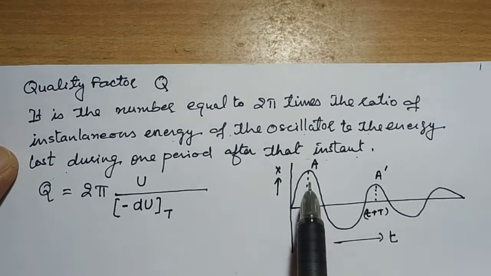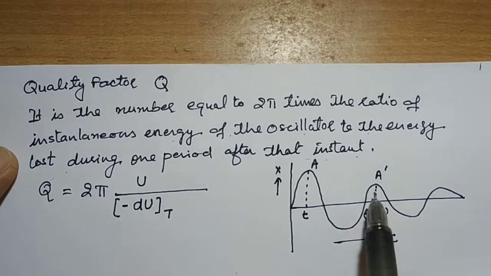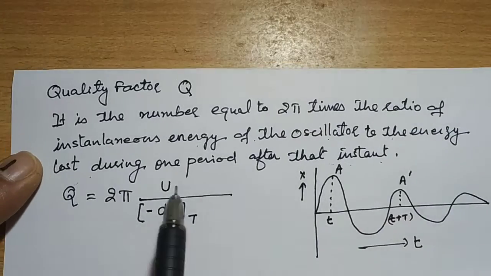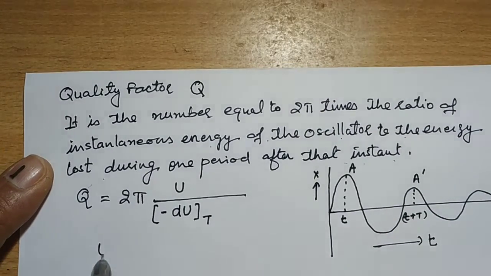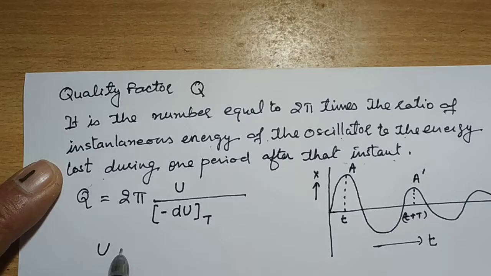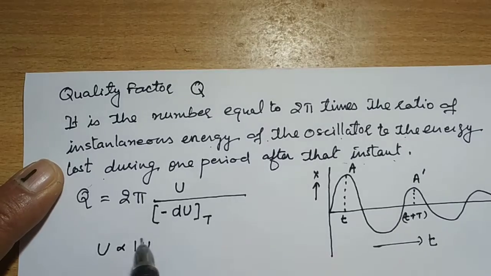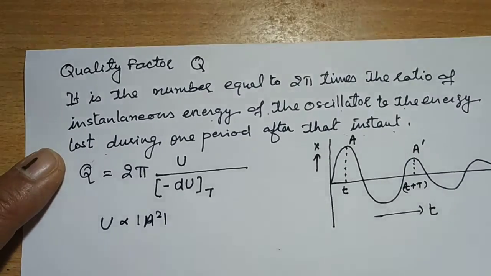But we don't need amplitude here, we need the energy. And the energy of the oscillator is directly proportional to the square of the amplitude. This is how we define energy.